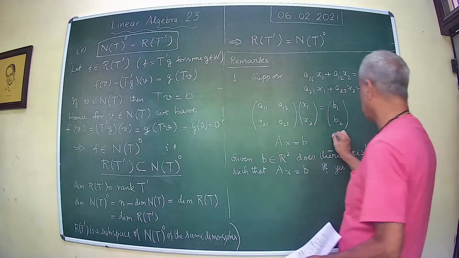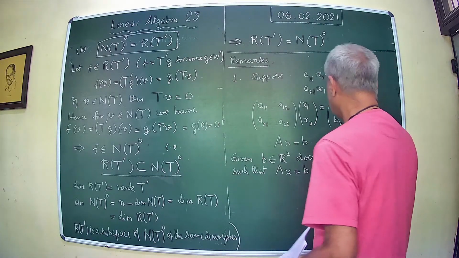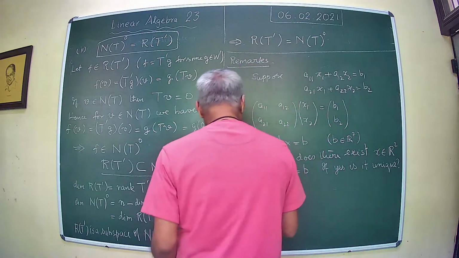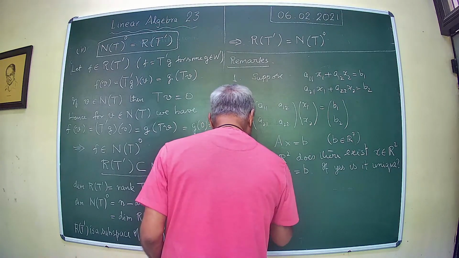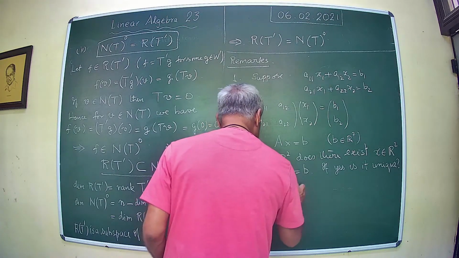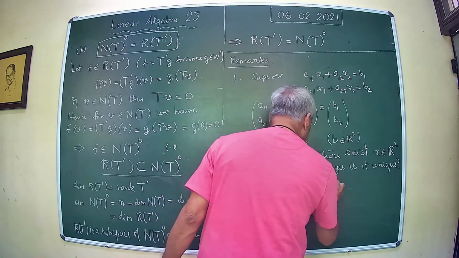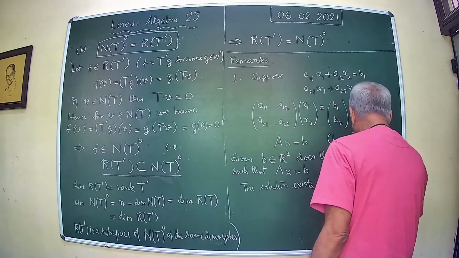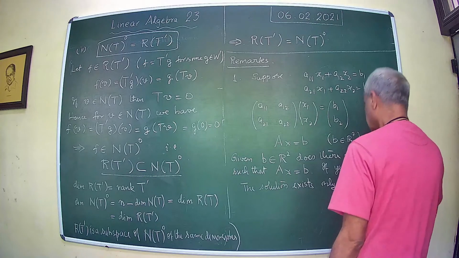Now you see at the outset itself that the solution exists only if B belongs to the range of A.